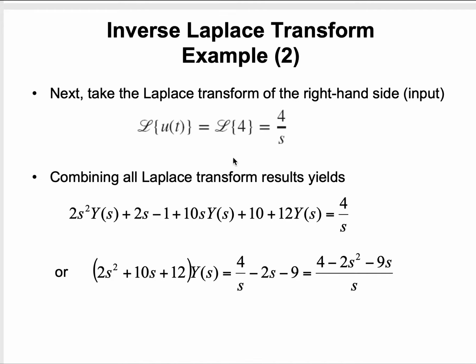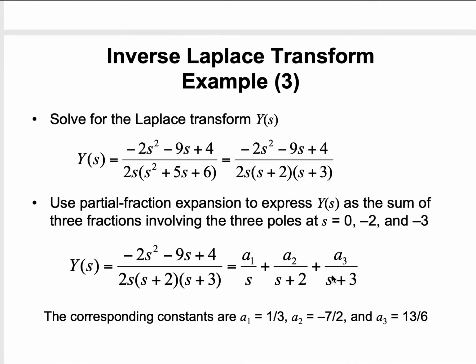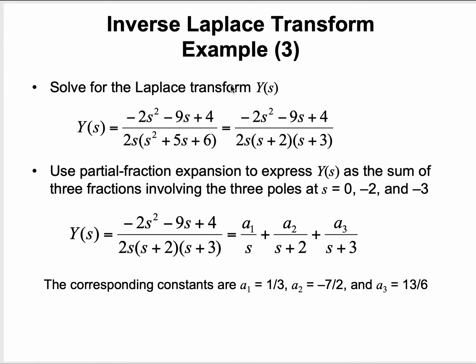Remember, the Laplace transform of a step is 1 over s. So combining all the transforms as a single equation, that is the result. So we can solve for the Laplace transform as such. That is Y(s).